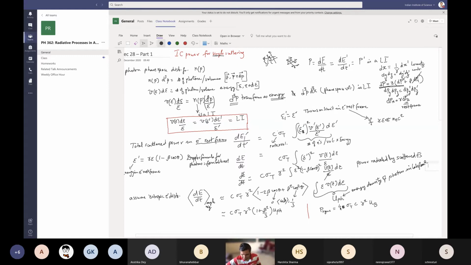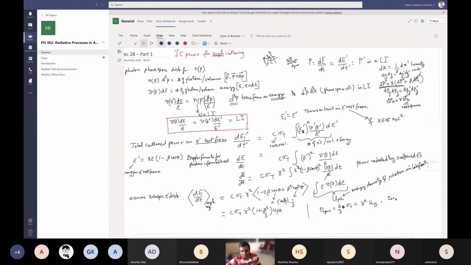There was a 4/3 factor even there, right? It's almost the same formula as this one. When we considered a single electron going around magnetic fields with an isotropic distribution of pitch angles, this is what we got.